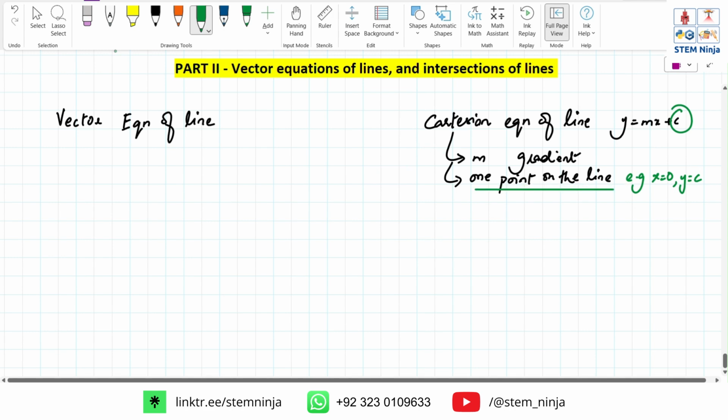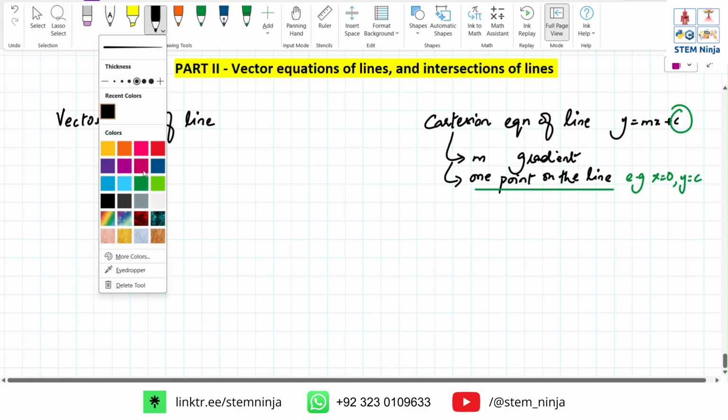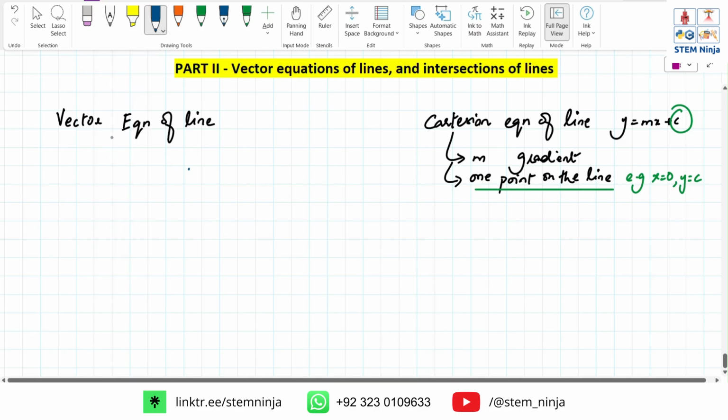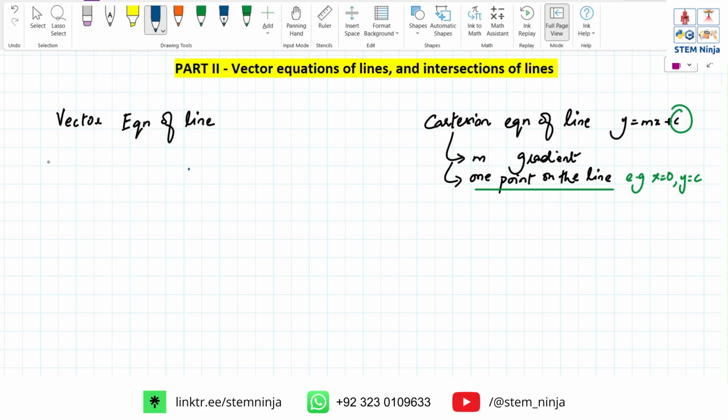The same exact requirements are what's needed for a vector equation of a line. We need a point on the line, more accurately, a position vector of that set point.